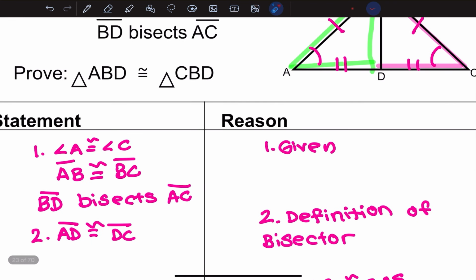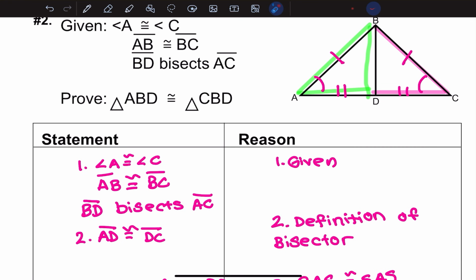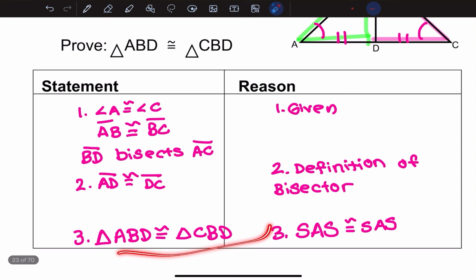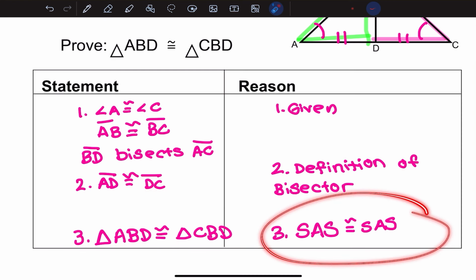So first start with your given information. Then you can state that AD is congruent to DC by the definition of a bisector. So this is one of your sides. And then the other side and angle are given to you. So you can go right off and say that the triangles are congruent by side, angle, side.